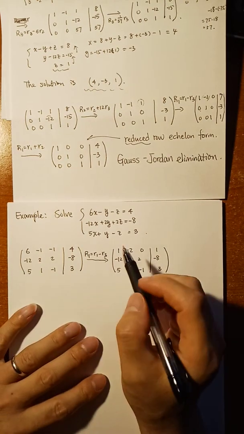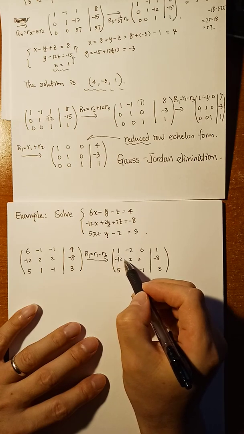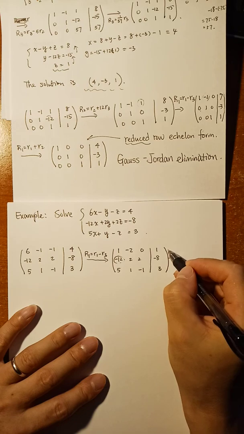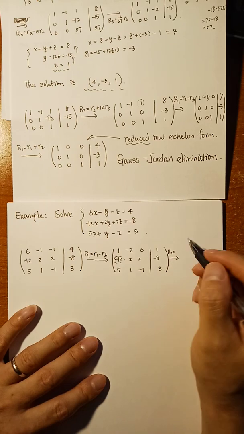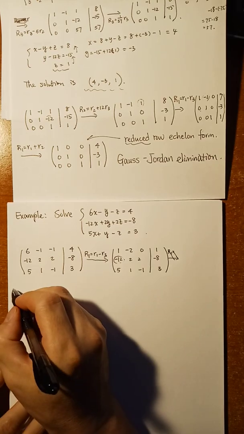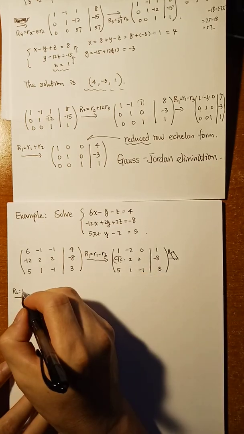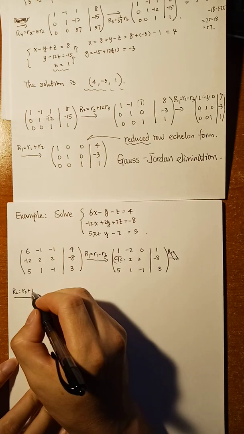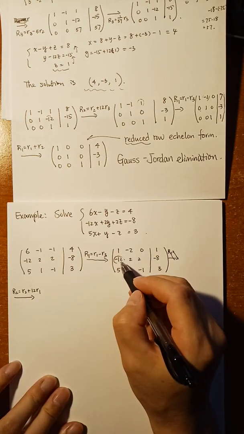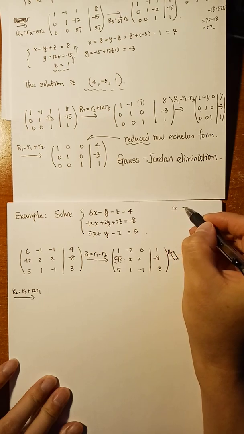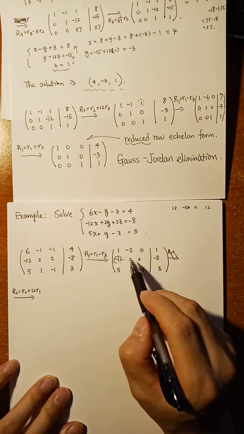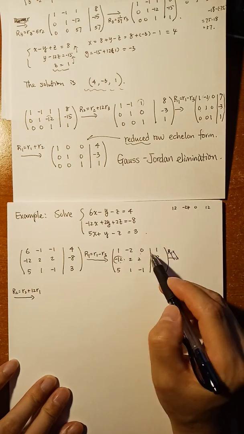All right, then I'm going to make this position 0. How do I make this position 0? We will get a new row 2 as the original row 2 plus 12 times row 1. I multiply the first row by 12 and add it to row 2. Let's check. 1 times 12, negative 2 times 12, 0 times 12, 1 times 12.